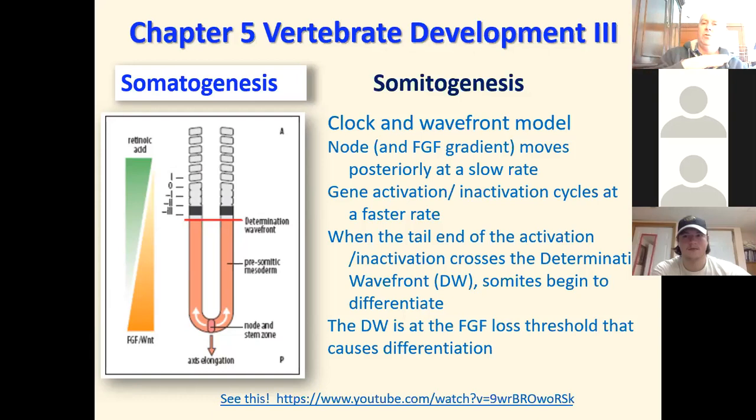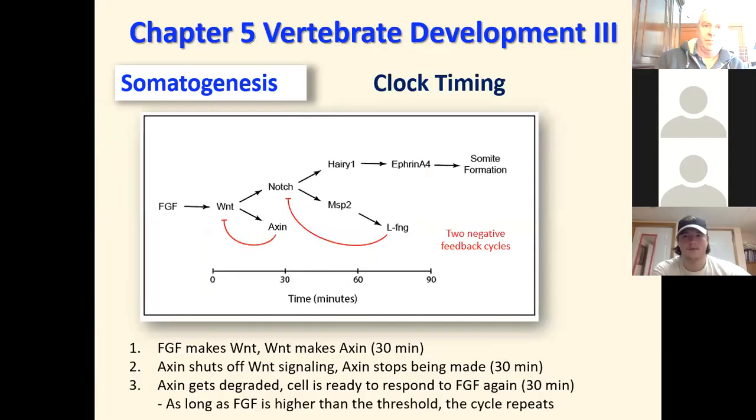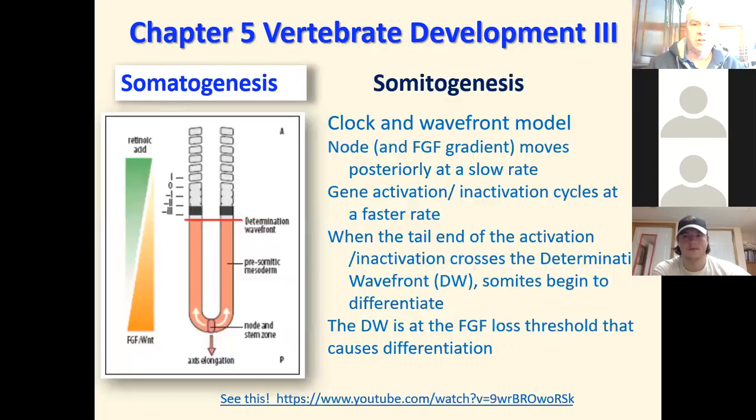And so now, Wnt, Notch, and Ephrin A4 go up, and then they come down, and then they go up, and they come down. So every 90 minutes, you get a peak of Ephrin A4, and then it goes away.